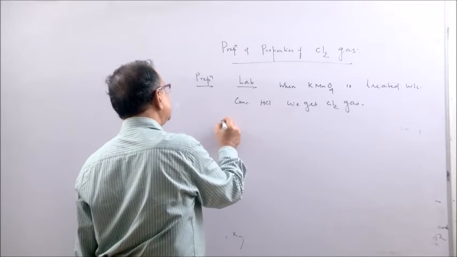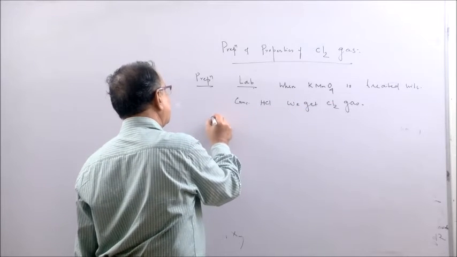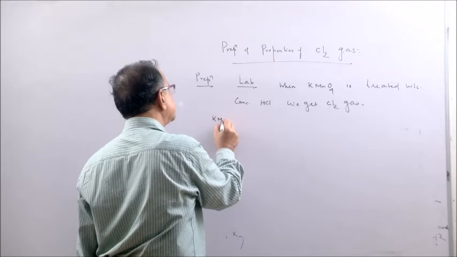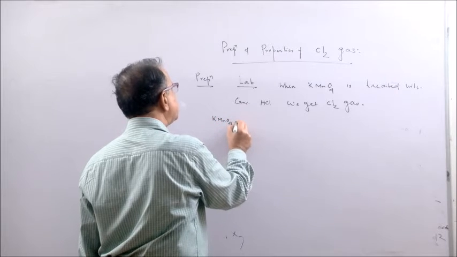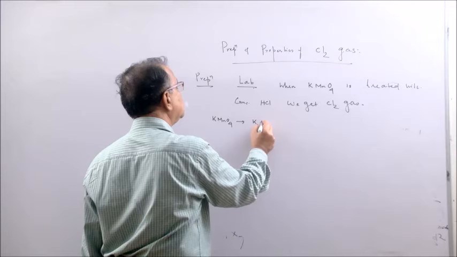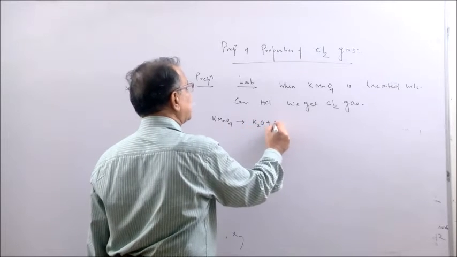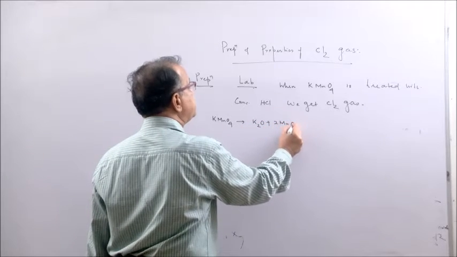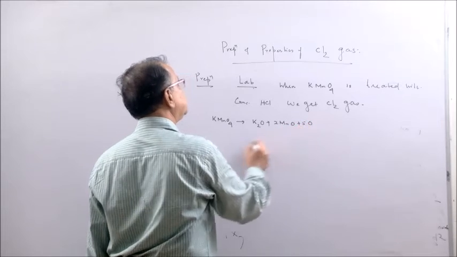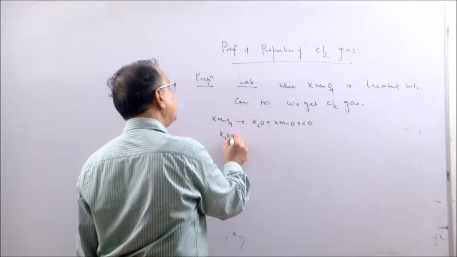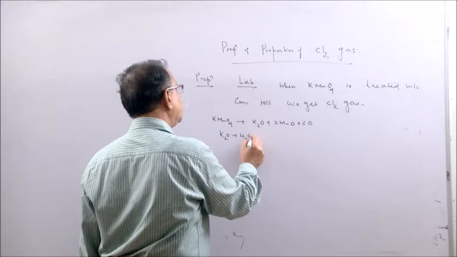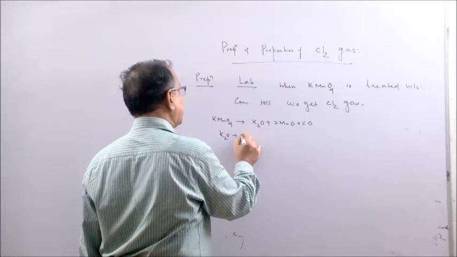We write like this, partial equation method: 2KMnO4 plus sulfuric acid plus HCl. We are taking HCl here.